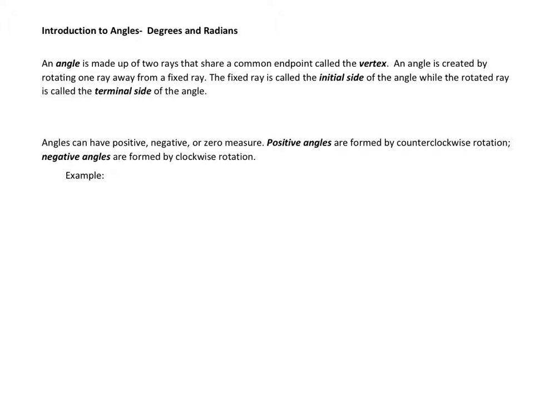So let's look at a few examples. First of all, a zero measure would be if you start with an initial side and you don't move at all. That means you've gone nowhere. That would be 0 degrees. So let's look at a more traditional example for the second one. If we start with our initial side and we rotate counterclockwise, so let's make a 45-degree angle.